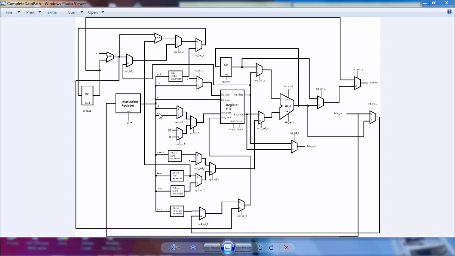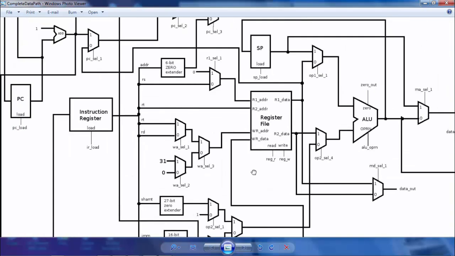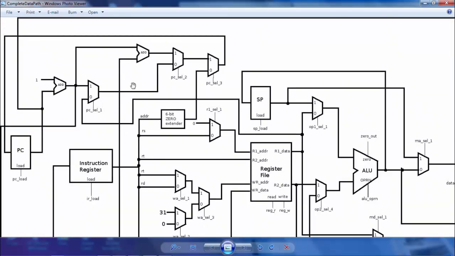For example, if I zoom in, we see all these multiplexers have selection signals. They are part of the control signals, and also register loads like the program counter load or instruction register load.